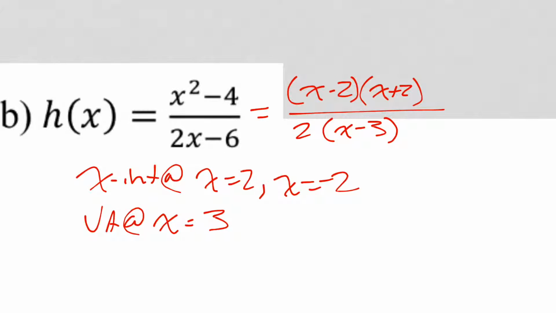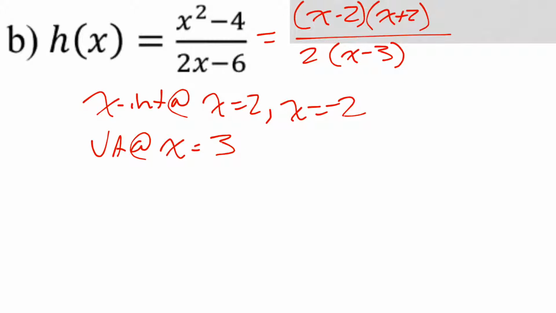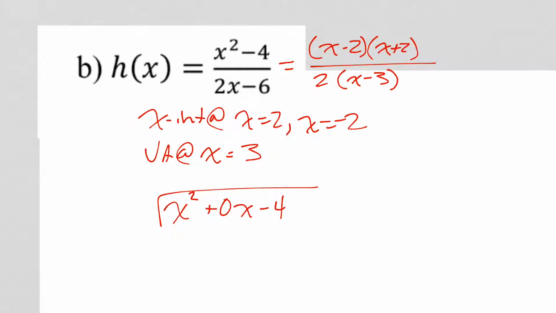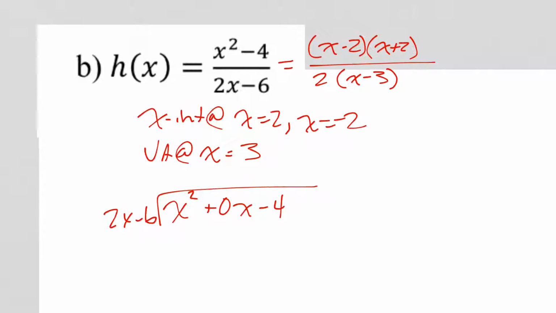And now we need to do some division. So we are going to take x squared minus 4 and divide it by 2x minus 6. I'd probably recommend you do this one with long division. Maybe it helps you to write it as x squared plus 0x minus 4 divided by 2x minus 6.